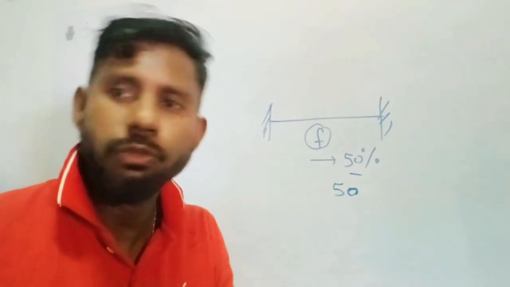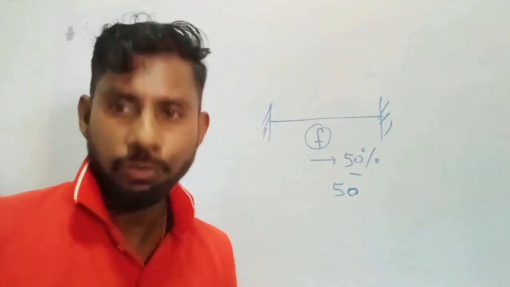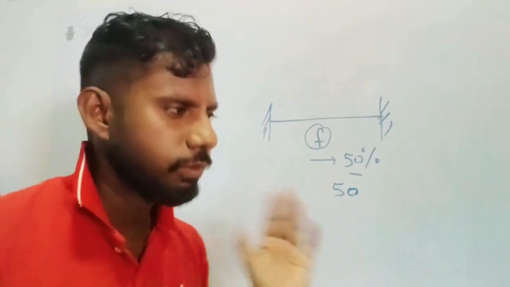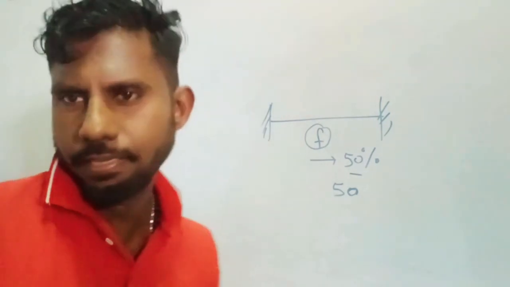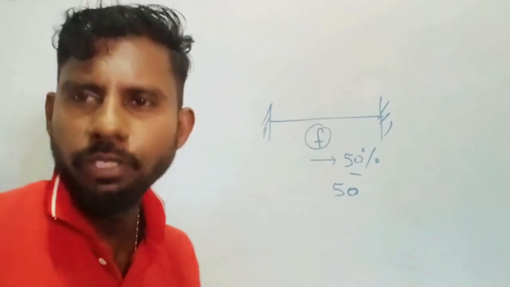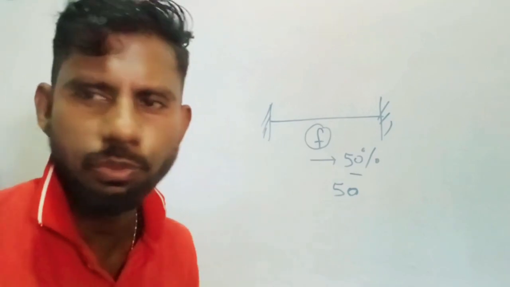If you are a good student and can easily do this question, that's fine. I'm going with the basics. If you know the basics, skip the video, go to the answer and see whether your answer is correct, then you are good to go.